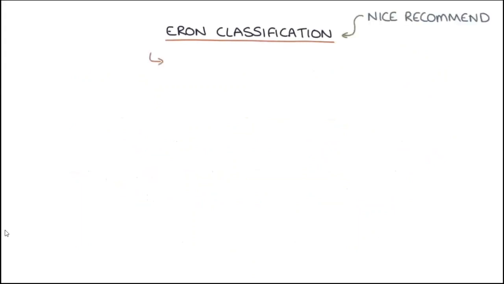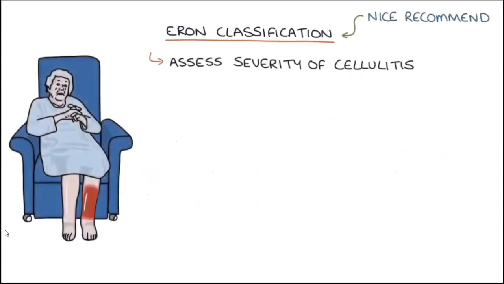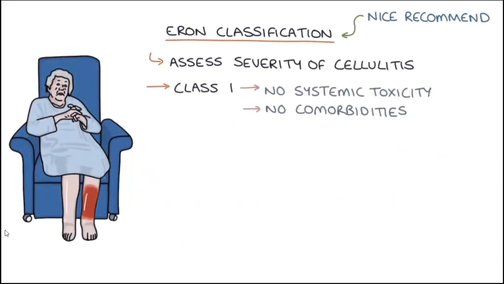There's something called the ERON classification, which you should be aware of, as this is the classification system which NICE recommends for assessing the severity of cellulitis. Class 1 is where there's no systemic toxicity or any comorbidities.